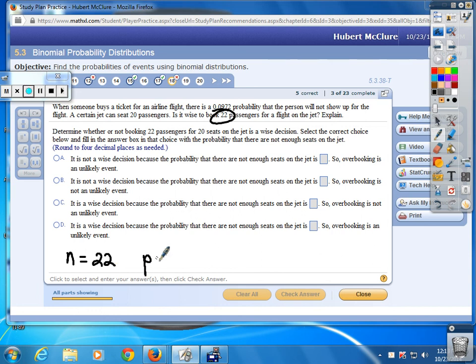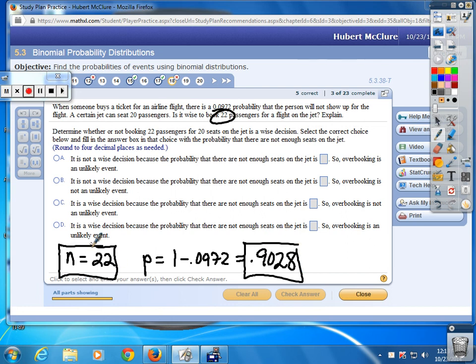P is equal to 1 minus what? 0.0972. And that's equal to what? 0.99028. So there is your P, there is your N.